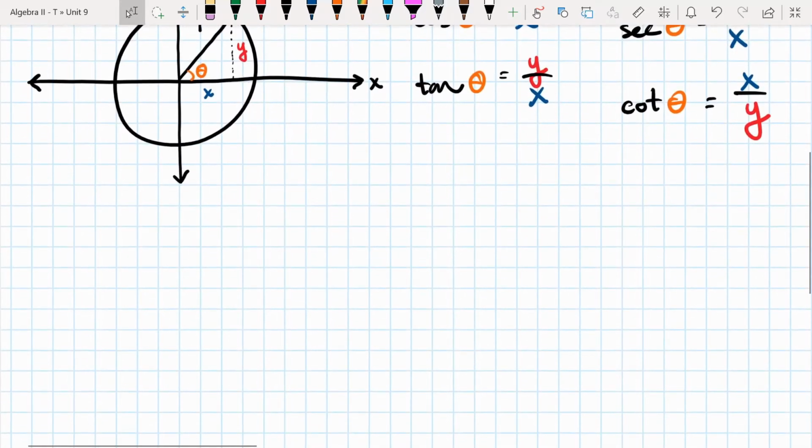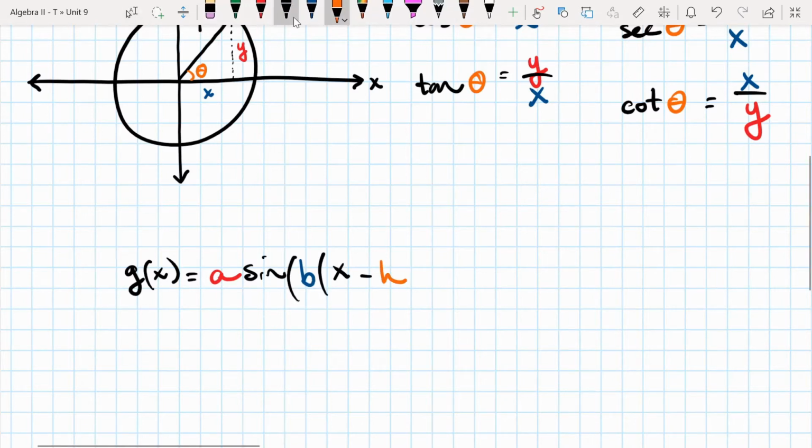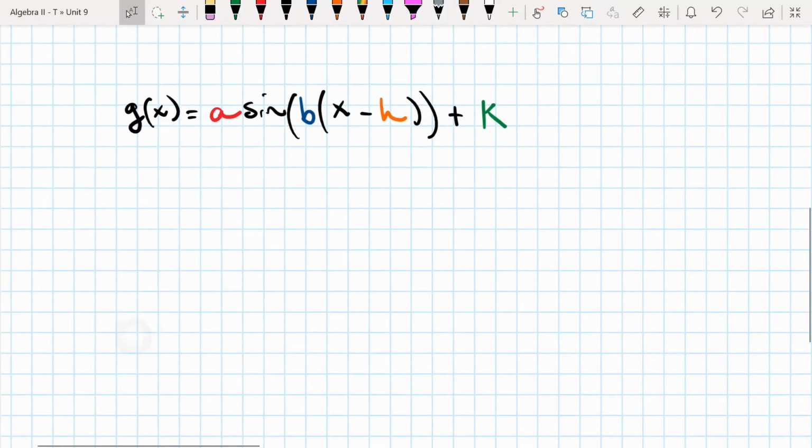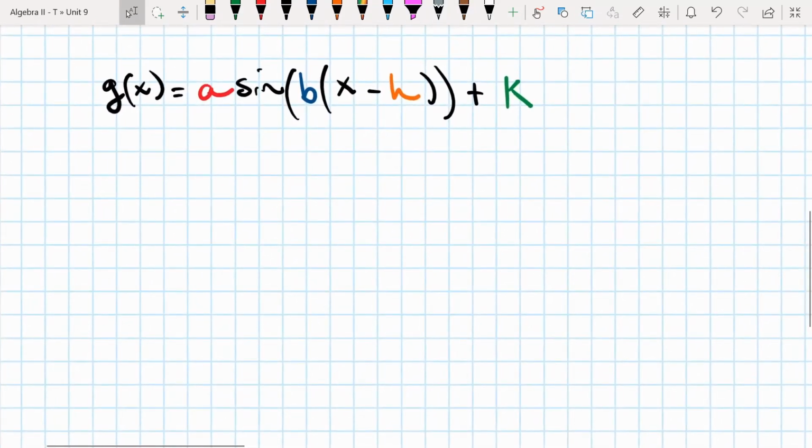And then lastly, before we get started on some problems, let's just cover transformations of trig functions. So if I have a basic trig function here where we've transformed this trig function accordingly, let's discuss and determine what each of these letters do to the shape and the behavior of the graph.